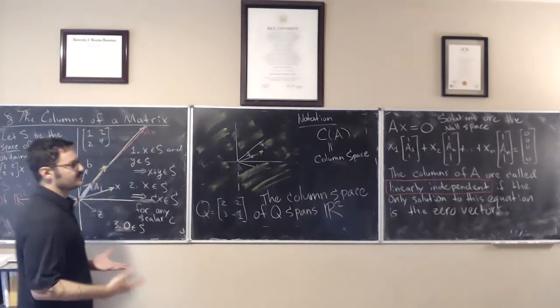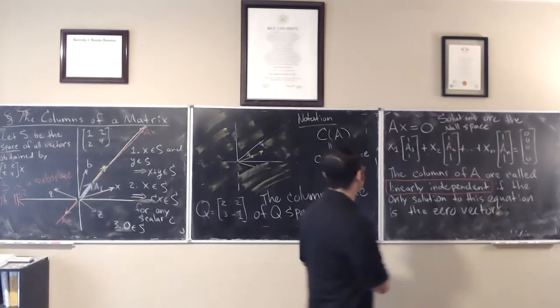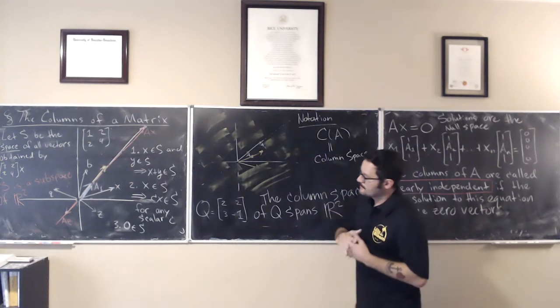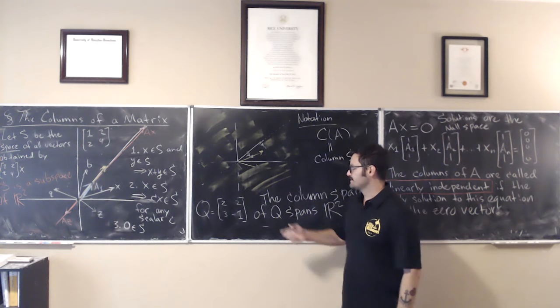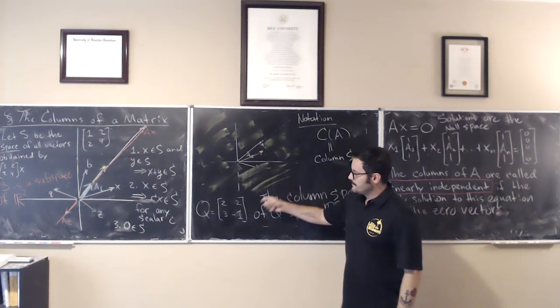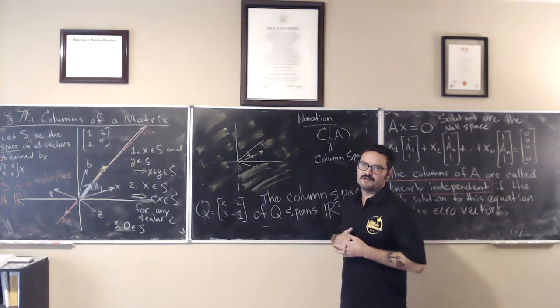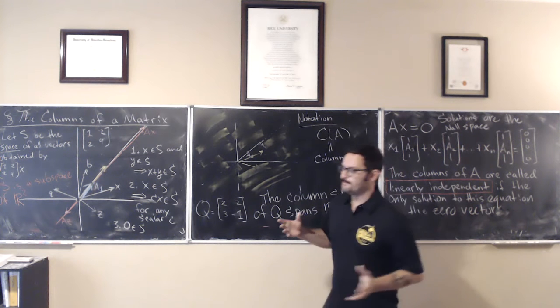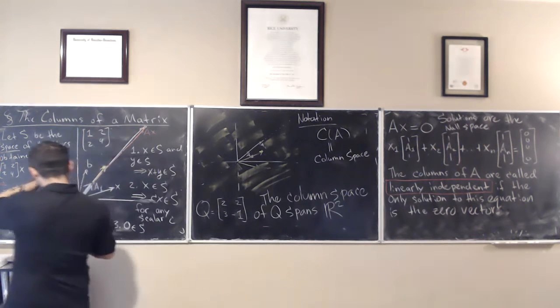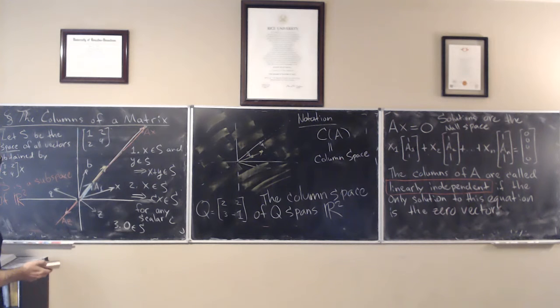There are lots of definitions coming, but hopefully this makes sense: when solving systems of equations, we most definitely want the matrix with n columns to span n-dimensional space. If that's the case, then we're good.